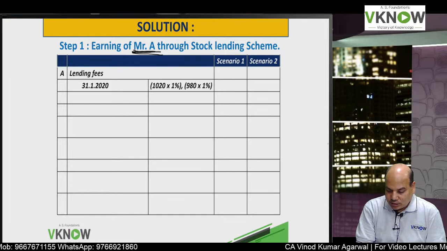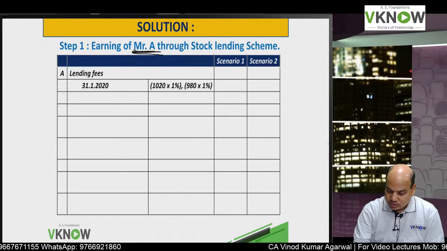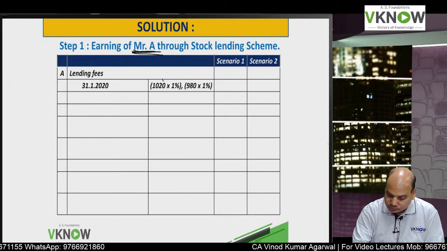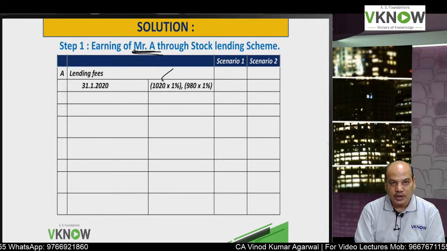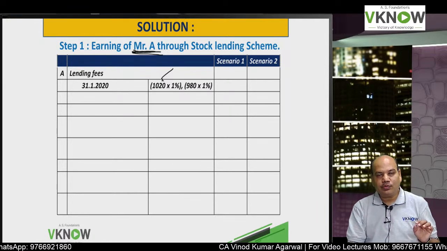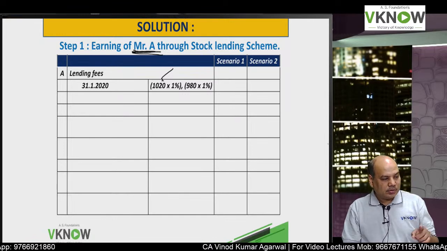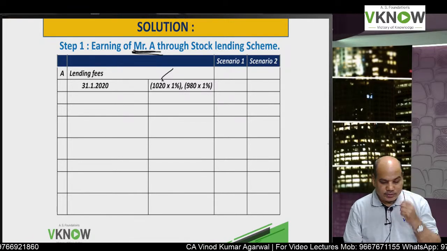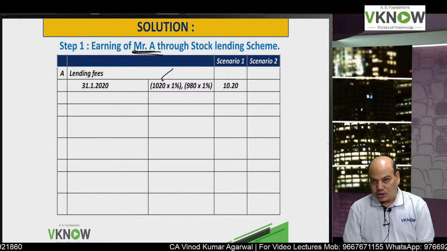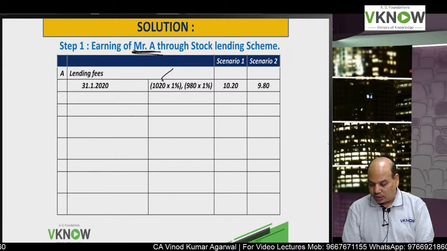On 31st March 2020, in scenario 1, the price is 1020. First we'll do the calculation for one share, then multiply by 1000 later. So in scenario 1 he will get 10.20.